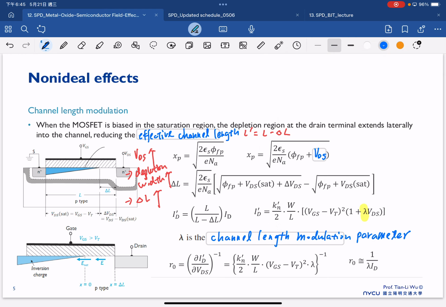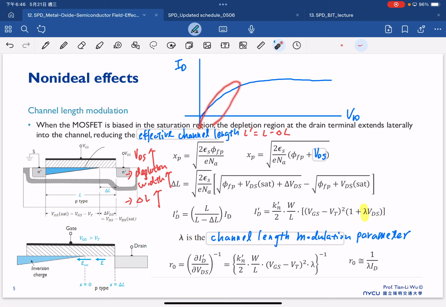So if you look at the ID-VD curve here, originally we have this very nice ID-VD characteristic with the linear and saturation regions.